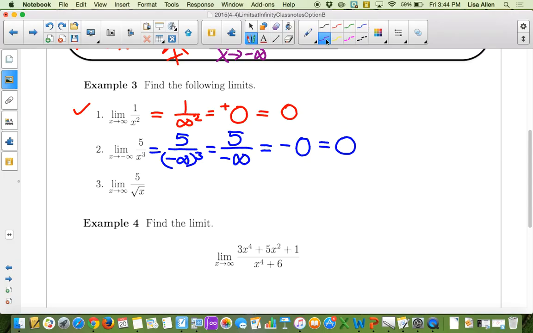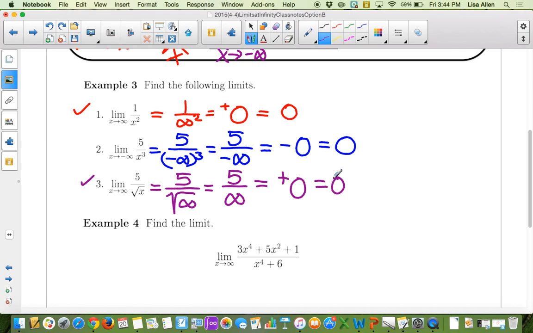Okay, and then for the last one, we have the limit as x approaches infinity of 5 over square root of x. So that would be 5 over the square root of infinity, which is equal to 5 over infinity, which is equal to plus 0, which is equal to 0.